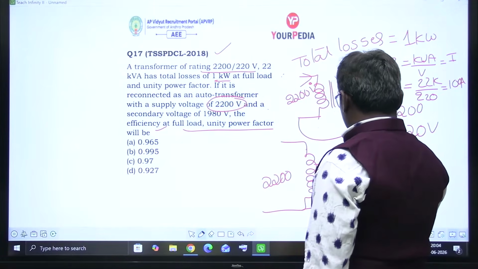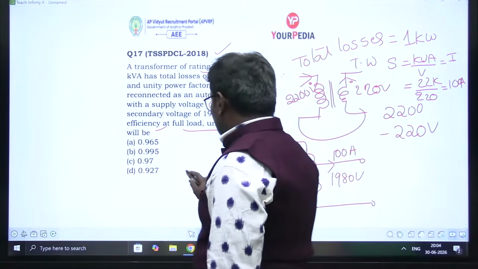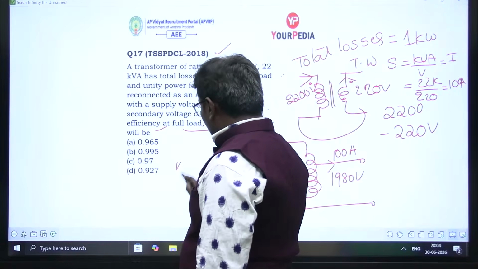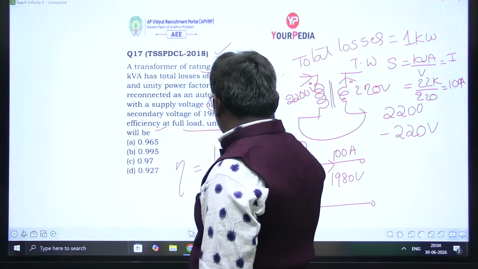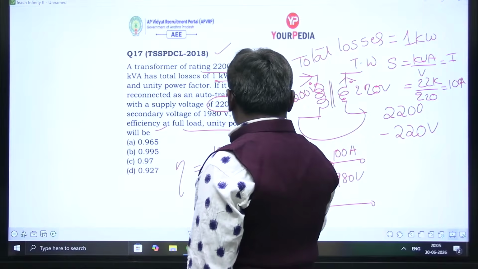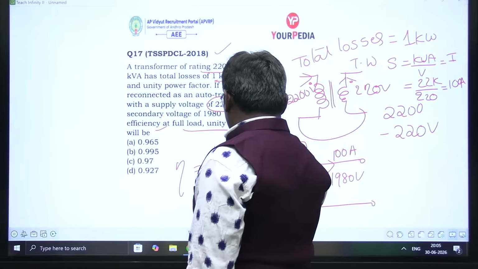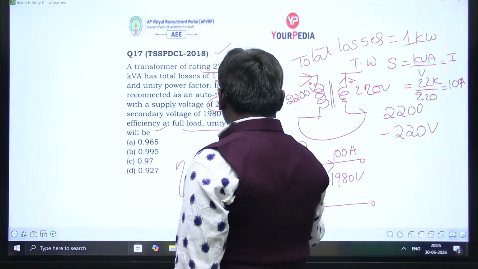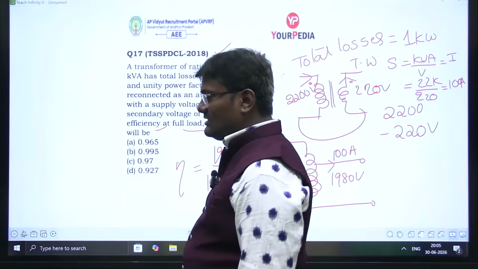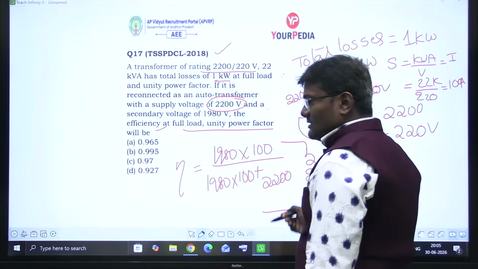Then efficiency equals output power, 1980 into 100, divided by 1980 into 100 plus losses. Total losses are given as 1000.